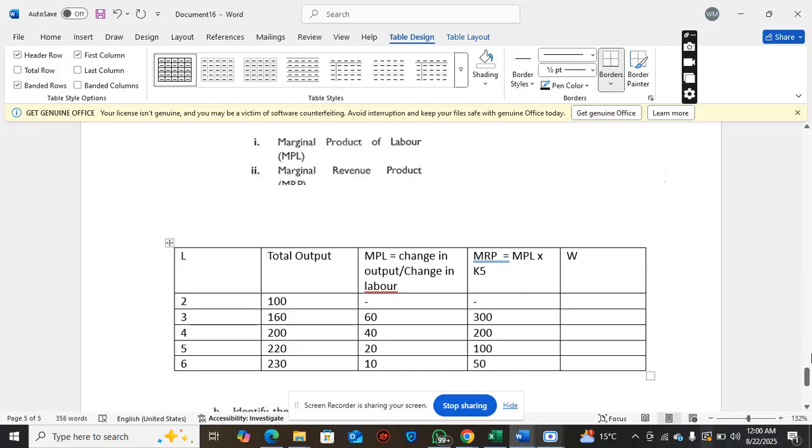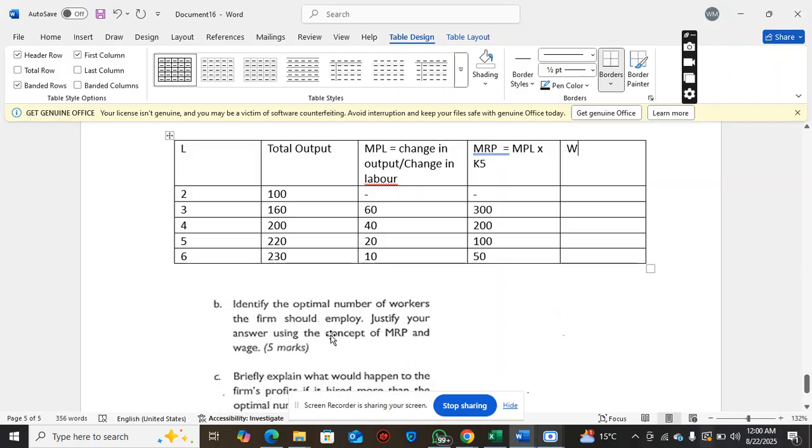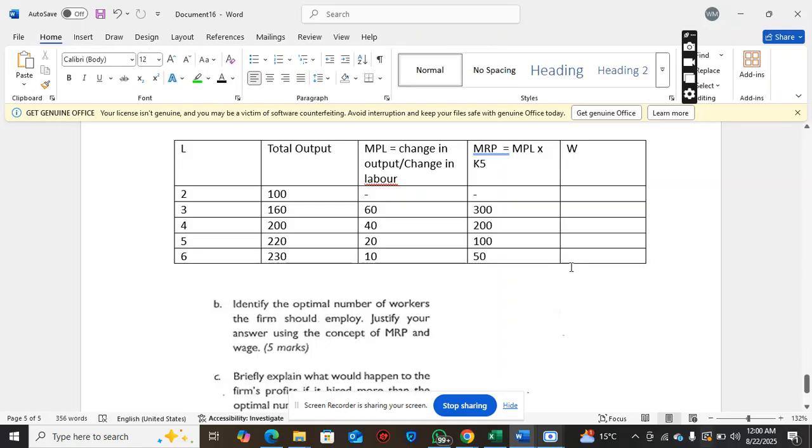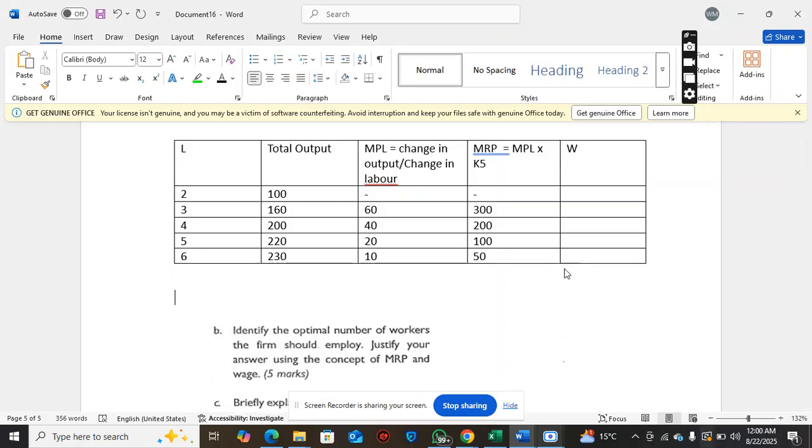Okay, so the question says identify the optimal number of workers the firm should employ. Justify your answer using the concept of marginal revenue product and wage. So, colleagues, a company has to hire where the marginal revenue product equals the wage rate. Not the total wage bill, just the wage rate.